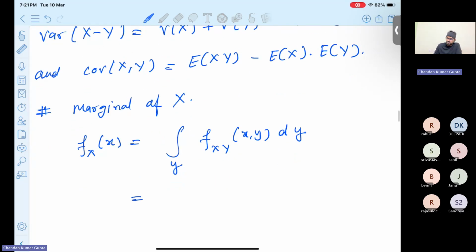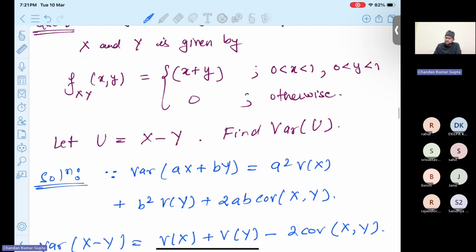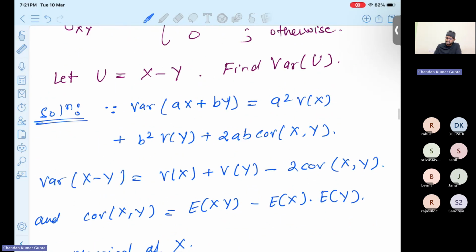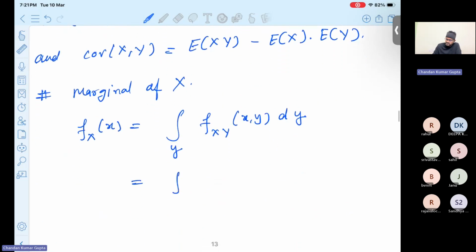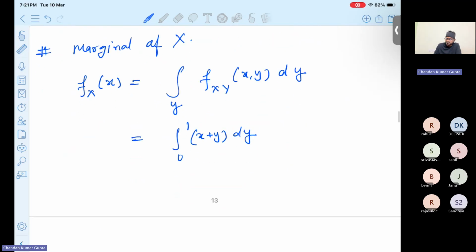The range of y is 0 to 1 and x plus y is the f of xy value. So it's the integral from 0 to 1 of x plus y dy. It's x times the integral of dy from 0 to 1, plus the integral of y dy from 0 to 1.